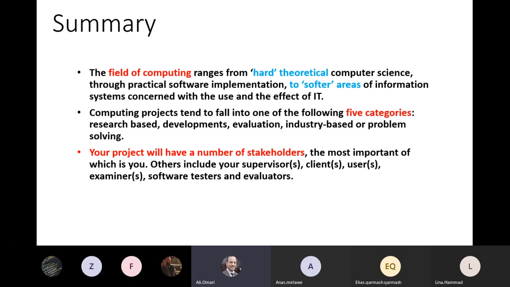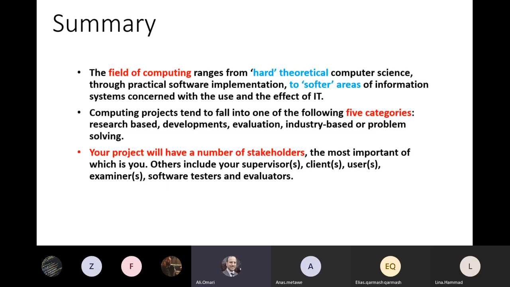Your project has a number of stakeholders: supervisor, client, user, examiner, software tester, evaluator, etc. So this is the takeaway from the first chapter.